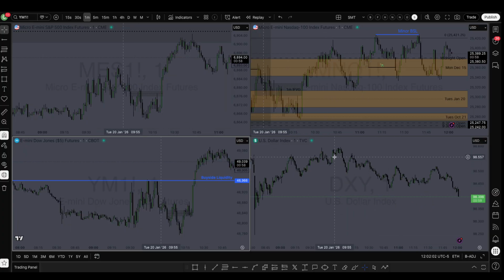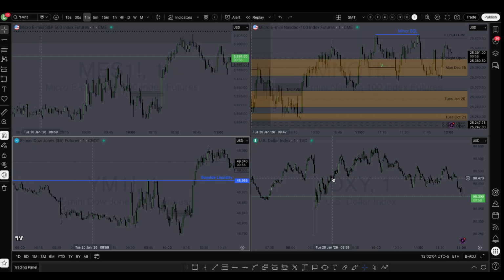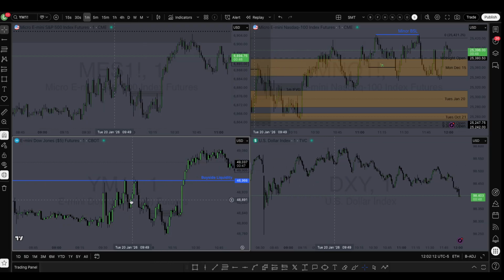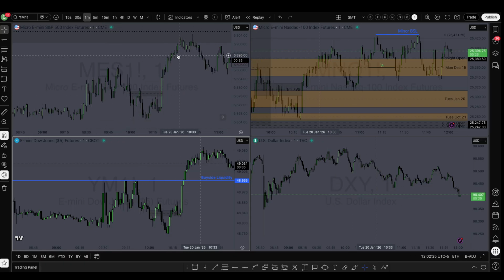I wanted to see bullish dollar price action. And we were getting it a little bit during the open, but then we just started to turn around. The YM was making a higher high, but it was sloppy, consolidating. Same thing with ES. It was making higher highs, but it was sloppy. Like fair value gaps weren't being respected.